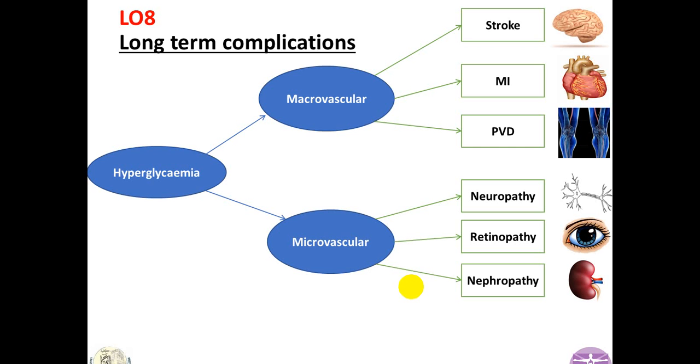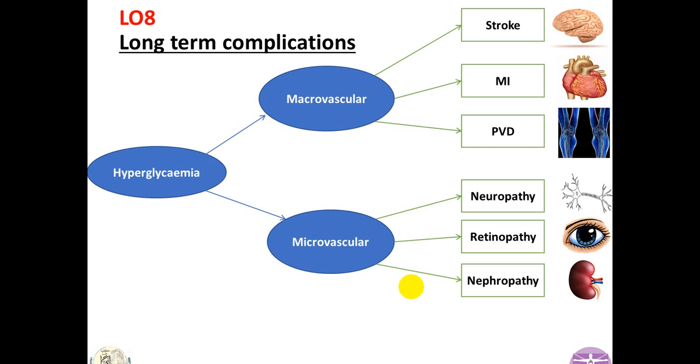And we have nephropathy, which is a defect in the nephron of the kidneys, and the patient at the end will have renal failure, but at the beginning they might have a leak of albumin in the urine. We call it albuminuria. In the beginning, it is a very small amount of albumin in urine. We call it microalbuminuria.